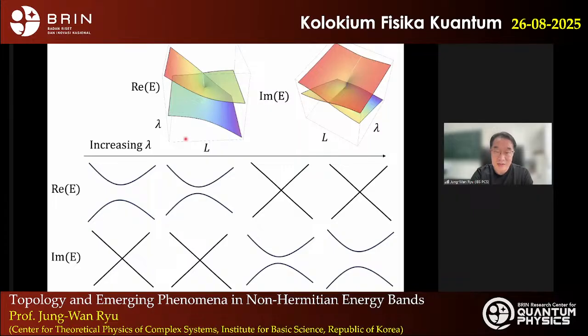This is L, this is the parameter, this is the lambda axis. If lambda is small, the real parts show the avoided level crossing. When lambda is large, they show the crossing behavior. The imaginary part case is opposite. When lambda is small, they show the level crossing. When lambda is larger, they show the avoided level crossing.